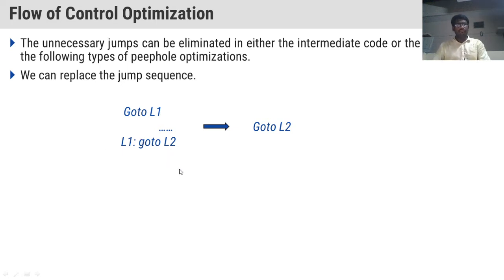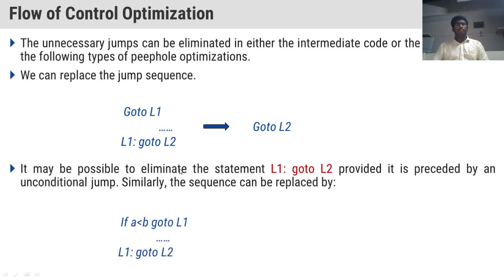We will also see one more example. To eliminate the statement, L1: go to L2 is provided and it is preceded by an unconditional jump. This explanation belongs to our previous example. Here is another example. If A less than B, go to L1, and at L1 again the statement is go to L2.